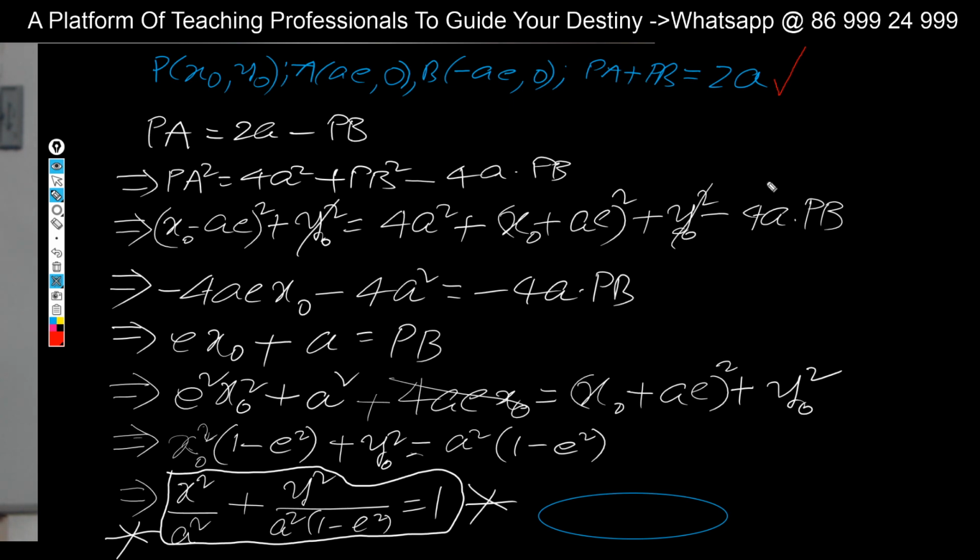That means you mean to say PA plus PB is equal to 2A. I converted it as PA is equal to 2A minus PB. Instead of writing like this, can we proceed like this directly? Yes, you can, but it will be lengthy, Arun. That's what I understood. PA plus PB is equal to 2A. If you write now, what happens?